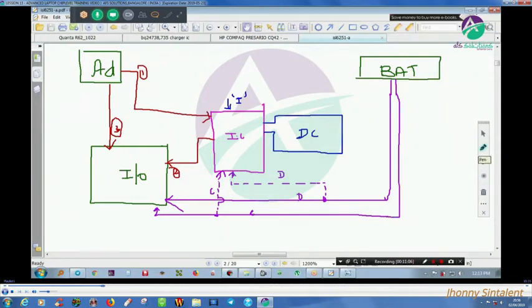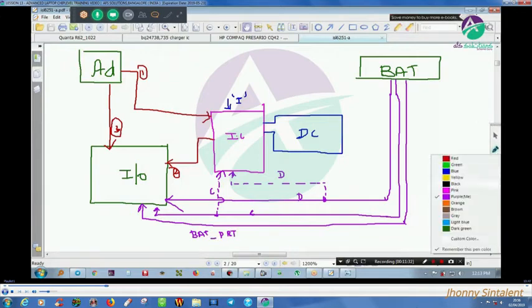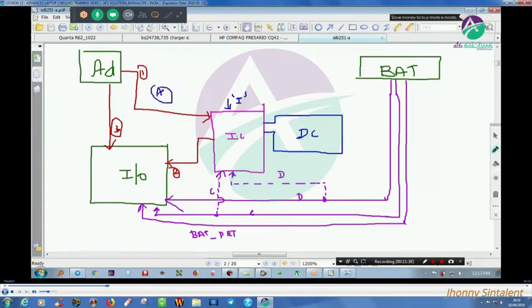Now there is one more confirmation to the IO controller, telling that the battery is present. So this chart is A: 1, 2, 3, and here it will be my B. In B, data will be 1, clock will be 2, battery present will be 3.